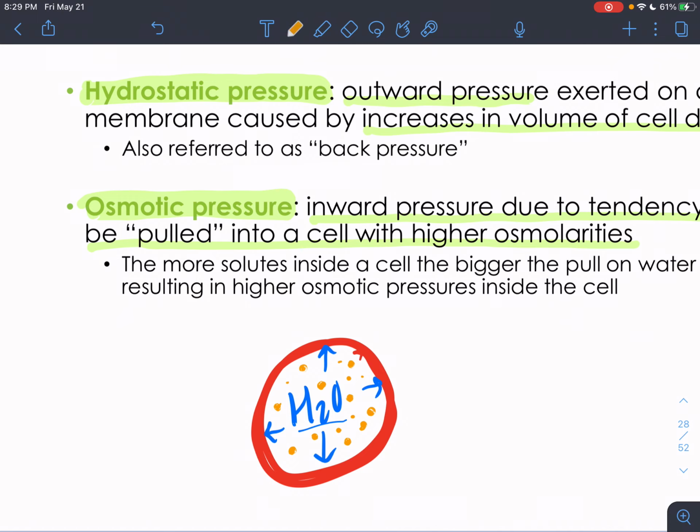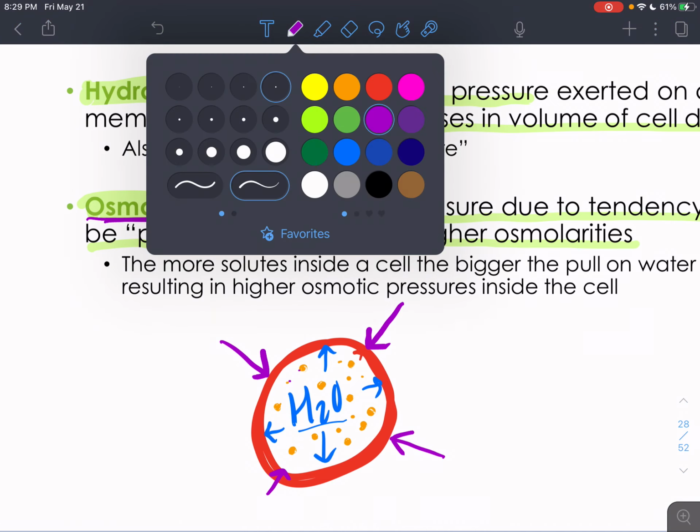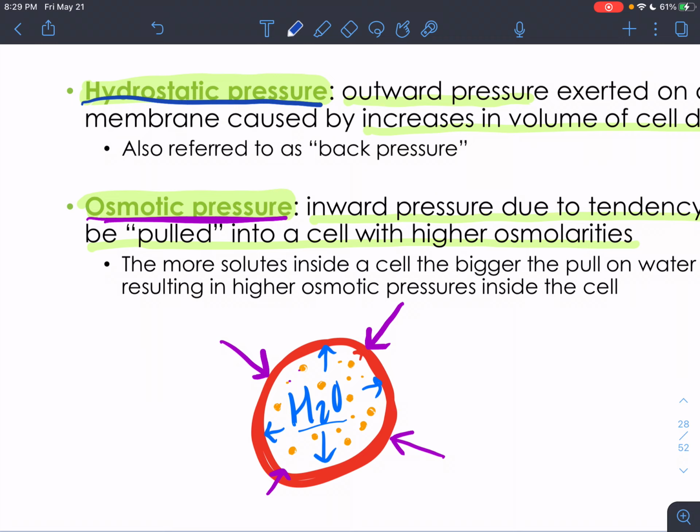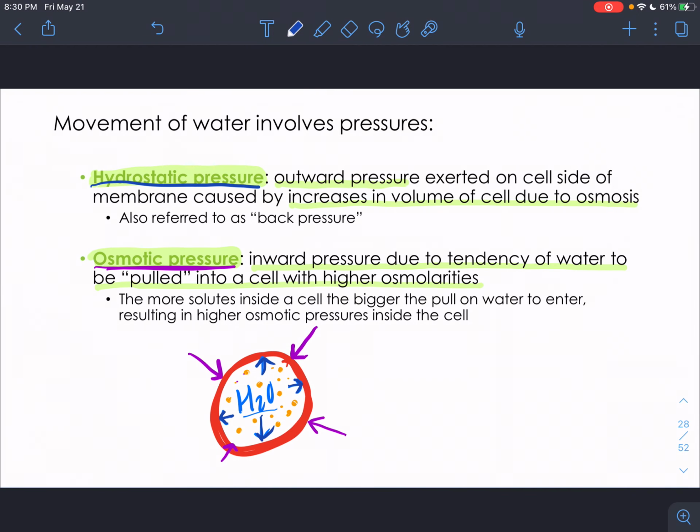Osmotic pressure, I'll use purple to show, is the want for water to go into the cell to dilute those solute particles. So hydrostatic pressure is water wanting to get out. Osmotic pressure is water wanting to get in. When you get to 208, you'll talk more about these forces, especially when we talk about blood pressure and the urinary system too.